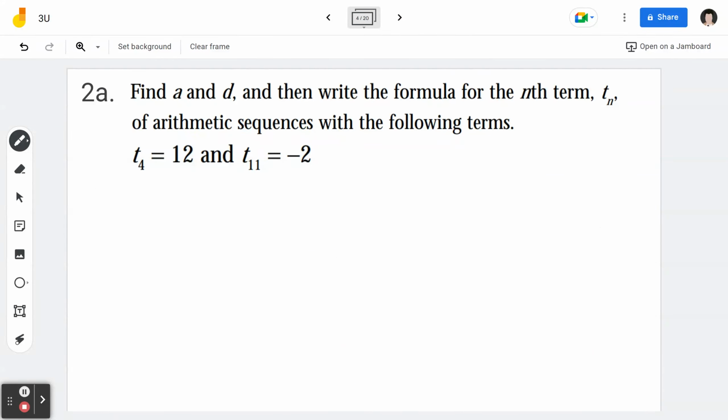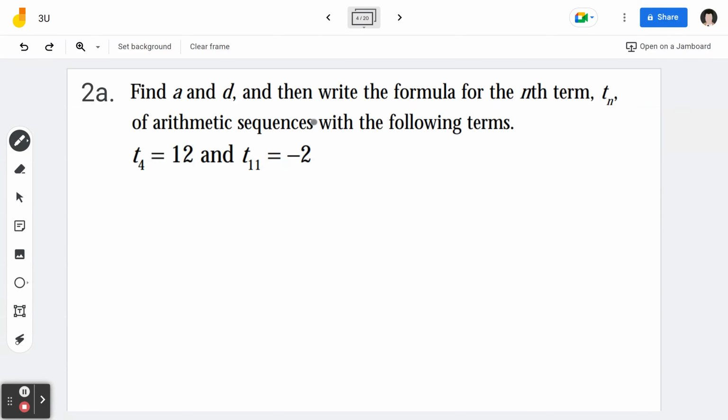Example 2a. Find a and d, and then write the formula for the nth term Tn of arithmetic sequence with the following terms. Now I'm going to circle the most important idea. If we don't tell you whether it's geometric or arithmetic, you can't really do this because we won't know, right?